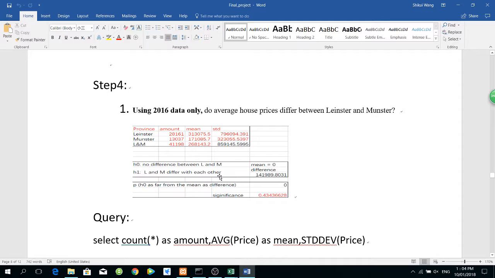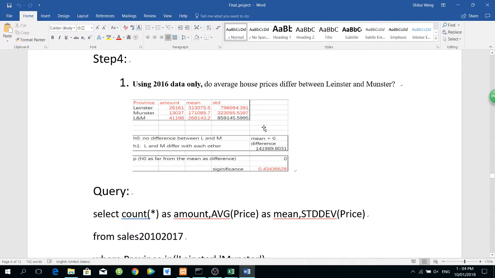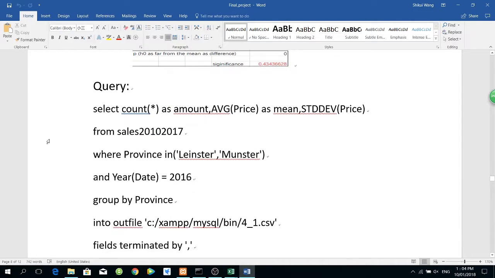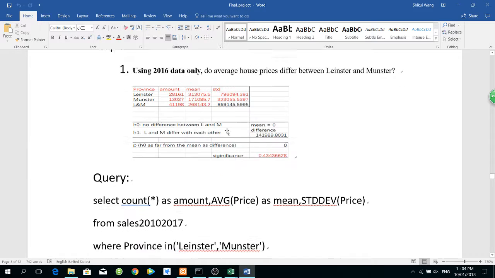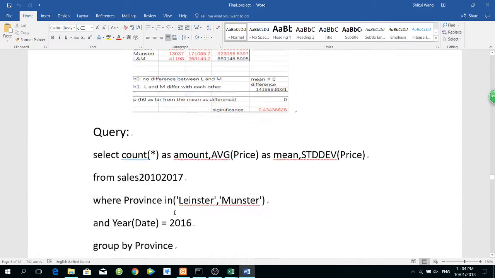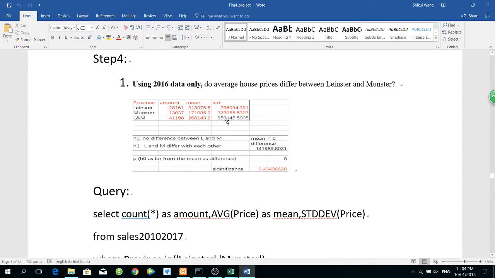So as step 4, I use a null hypothesis, and this is the result, and this is the query used to find this data. After we found this data, we just do some calculations.